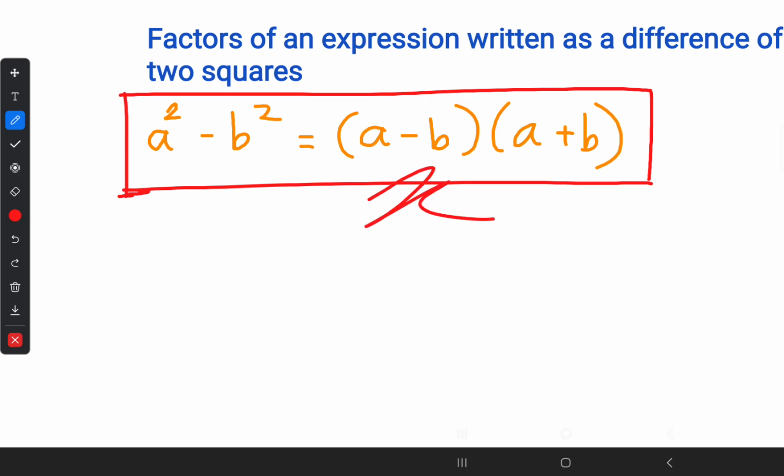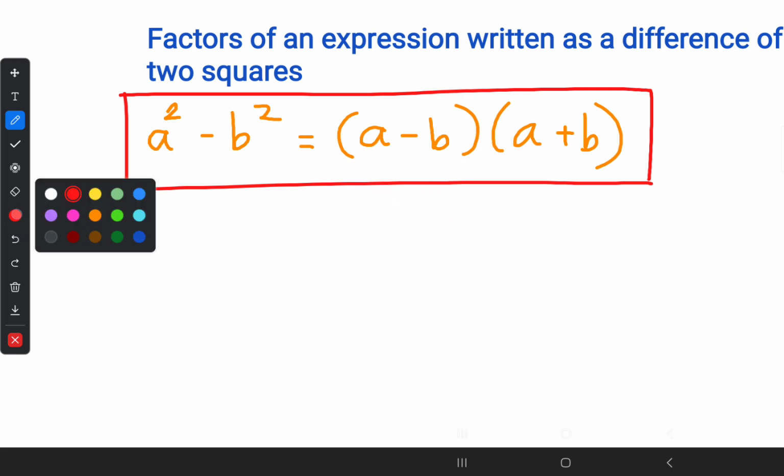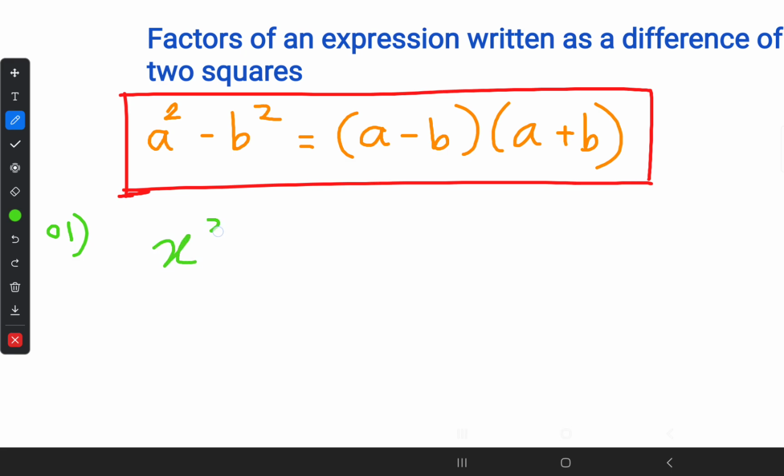In your exams, they will not give you this, so you should remember it. When we do some practice, it's really easy to remember. I'll explain a question. If you have x square minus y square, the condition is that both sides of this negative mark should have square values.